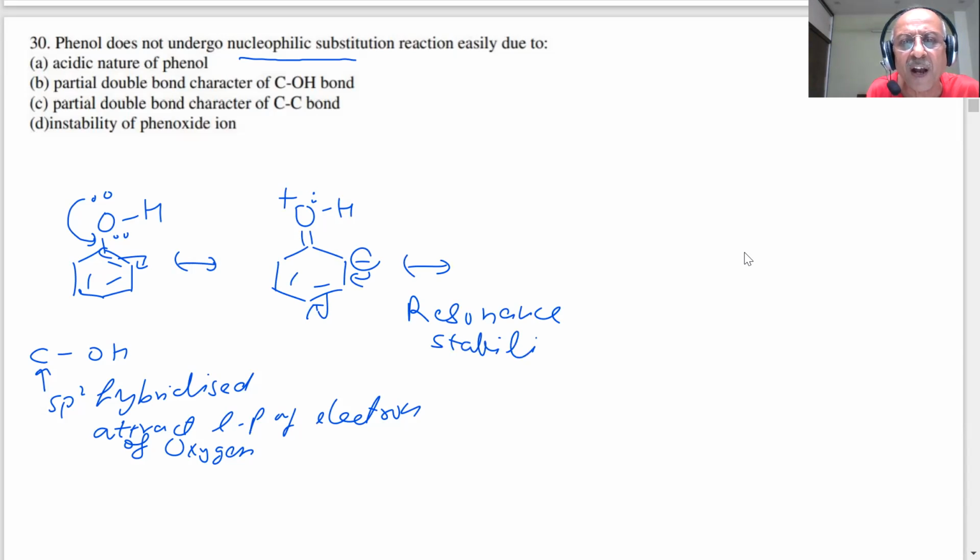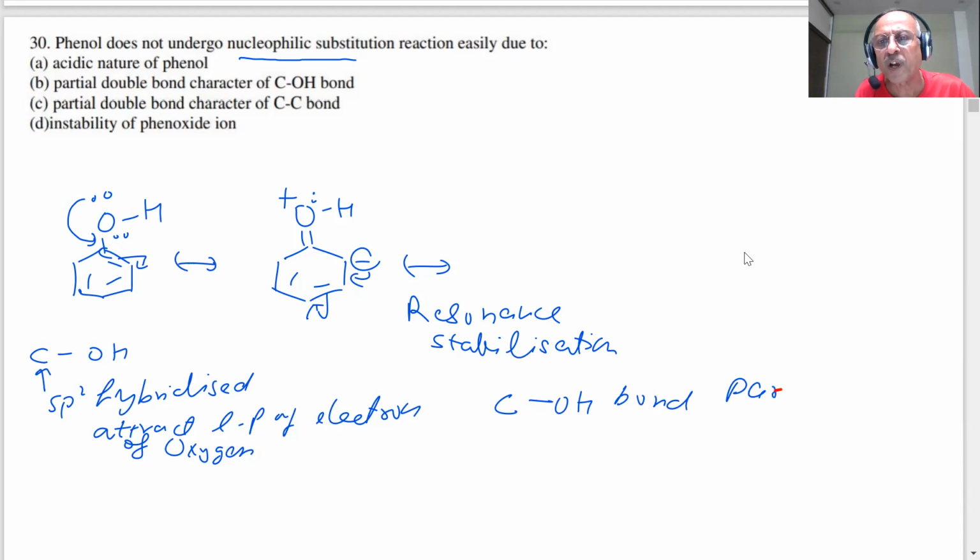You are aware of this. I need not draw all these structures. So what has happened, student, here? The carbon, what you can see in this case, the C-OH bond has acquired partial double bond character.